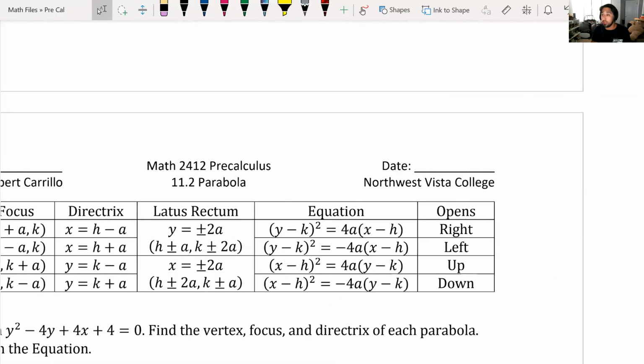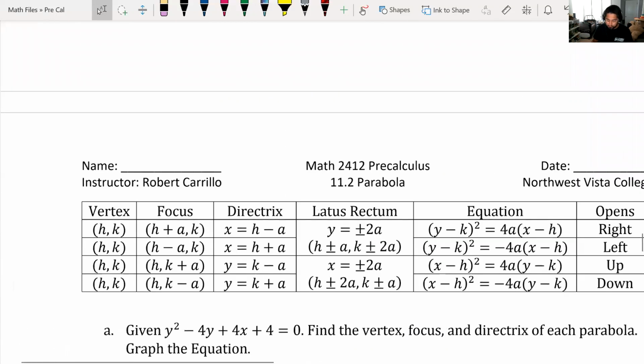Because again, look at the equations. You have y squared on the left side for the first two equations and x on the other side. And the last two equations, you have x squared on one side and y on the other side. So it makes sense when you're setting your equations up to complete the square, what variables to keep on what side. All right.